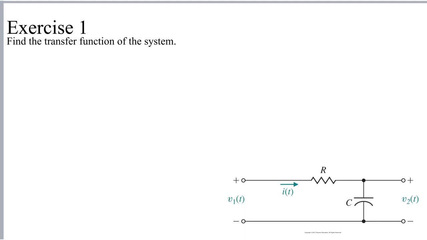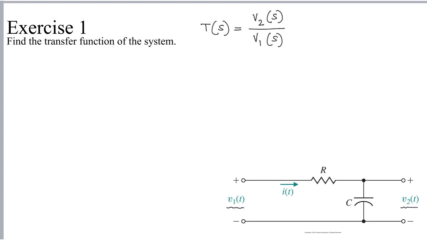The output variable is V2(t), so in the Laplace transform, the output variable is V2(s), divided by the Laplace transform of the input, V1(s). So if I write my transfer function as T(s), this is what we are trying to find out, right?